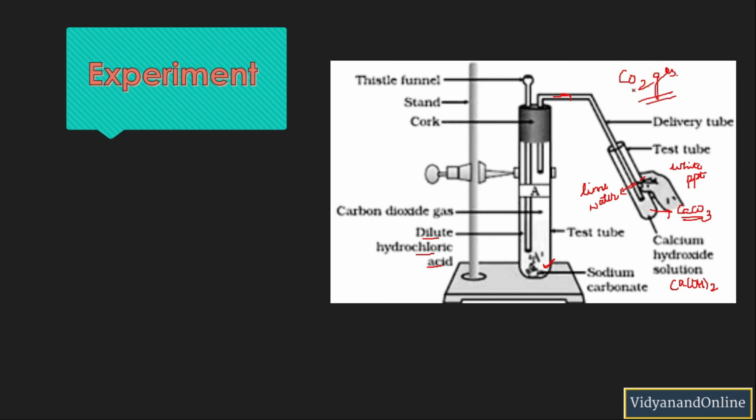So whenever you need to test whether the gas which came out is carbon dioxide gas, you need to go for the lime water test. Now let us write the reaction for this. Carbon dioxide, when it comes in contact with lime water, which is calcium hydroxide, forms calcium carbonate.